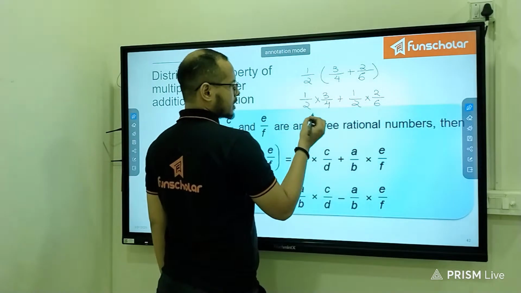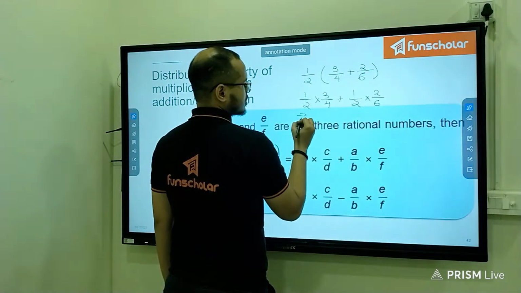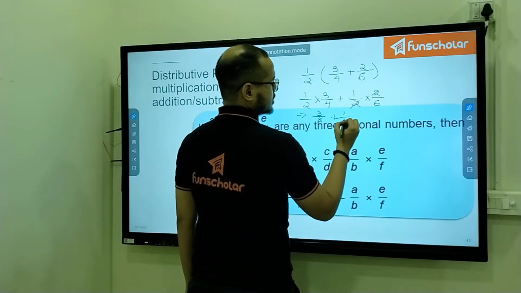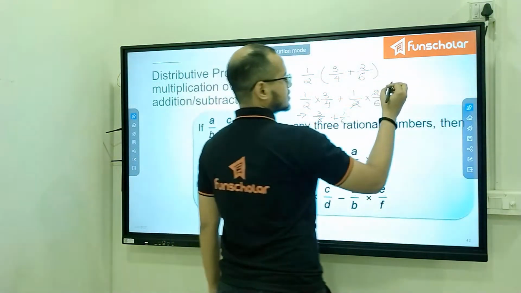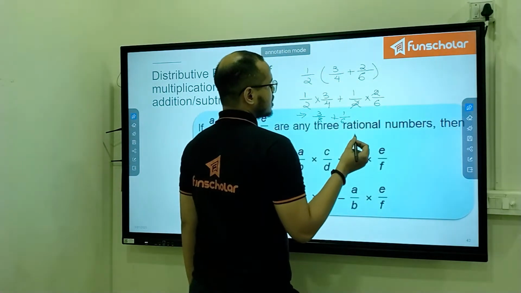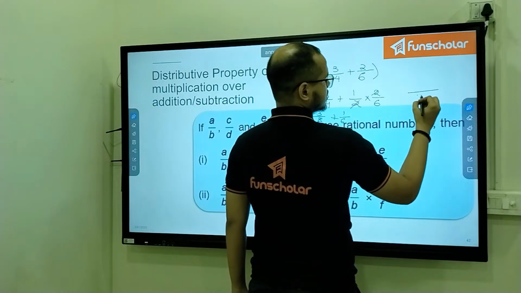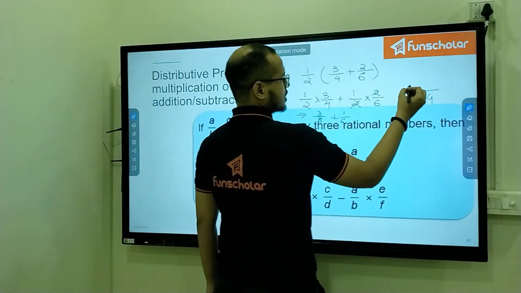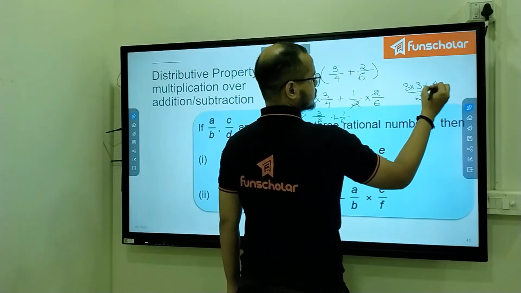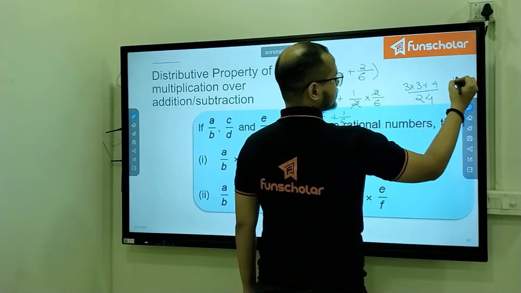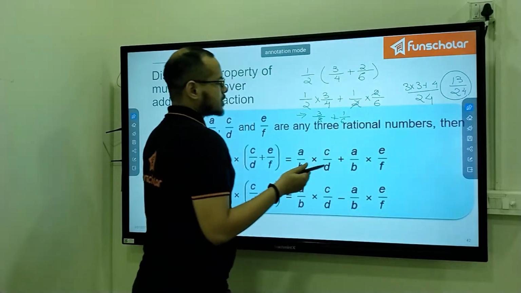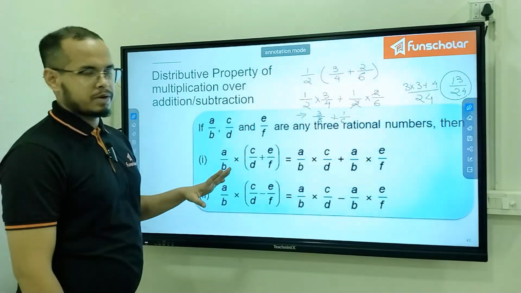In the first one nothing is getting divided, so we write 3 by 8, and in the second one 2 and 2 is divided, giving 1 by 6. 3 by 8 plus 1 by 6. Now let's add this up. 8 and 6, LCM here is 24. 8 threes are 24, so 3 into 3 is 9, plus 6 fours are 24, so 4. 9 plus 4 is 13. 13 by 24, that is the answer. So we have used nothing but the distributive property of multiplication.